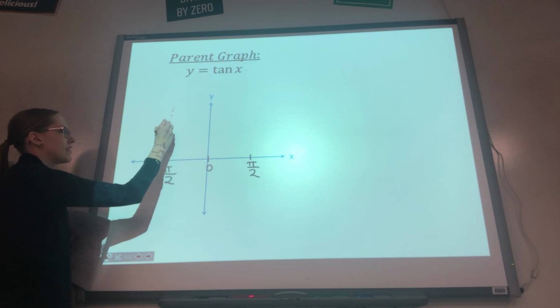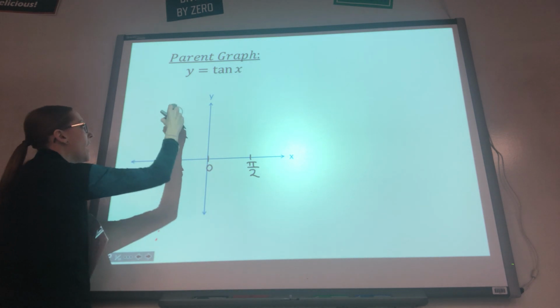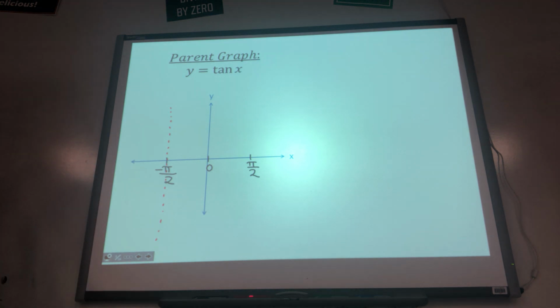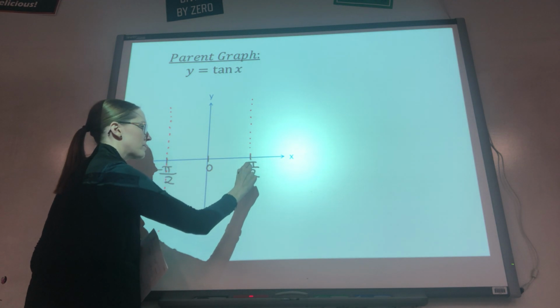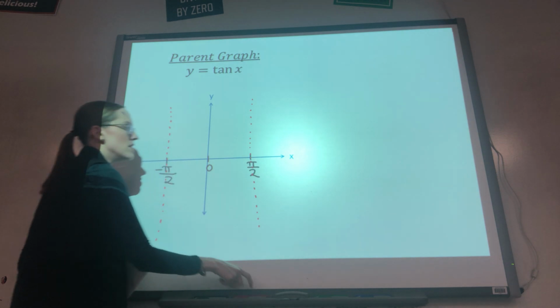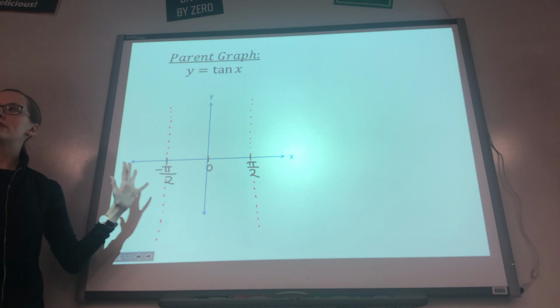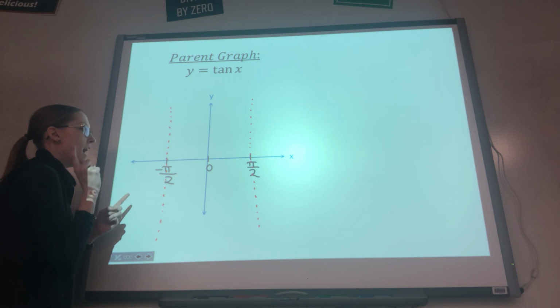So you don't have to have a different color necessarily, but go ahead and draw a dotted line straight through the negative pi over 2 and another one going through positive pi over 2. Those are actually vertical asymptotes. So remember, you can get really close to them, but you can't touch them. It's kind of like a boundary.